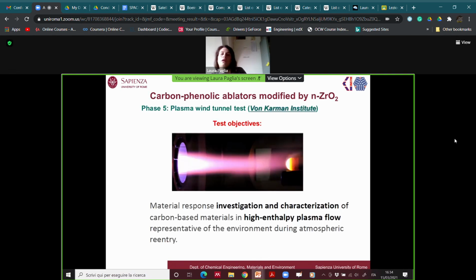So here we were able to manufacture other carbon phenolic ablators also with the addition of nanoparticles. For the reasons that we observed together, we chose nano zirconia as the nanofiller, and we produced some samples which were tested this time at the VKI, the Von Karman Institute.